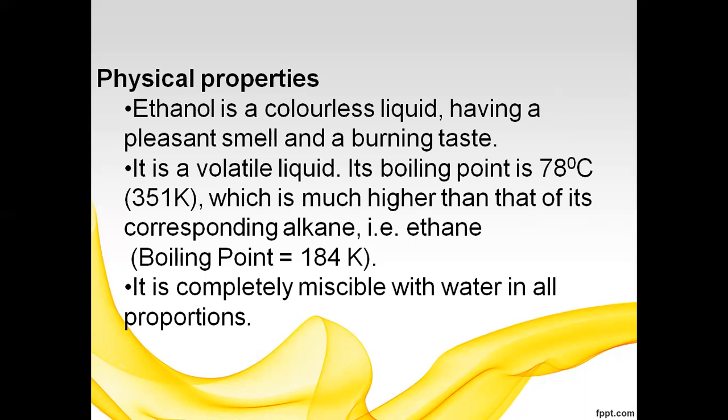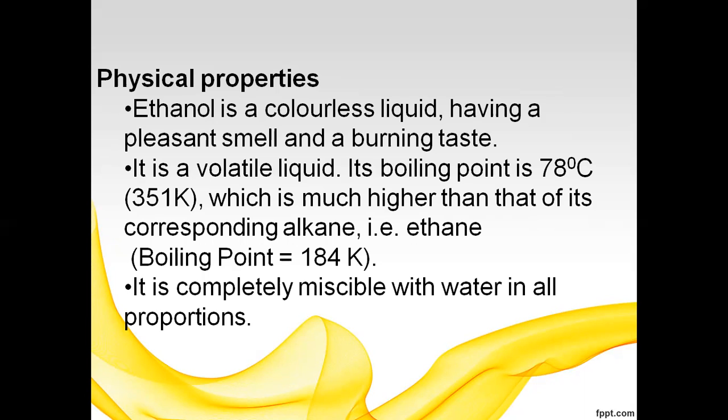It is a volatile liquid. Its boiling point is 78 degrees Celsius, that is 351 Kelvin, which is much higher than that of its corresponding alkane, that is ethane. It is completely miscible with water in all proportions.